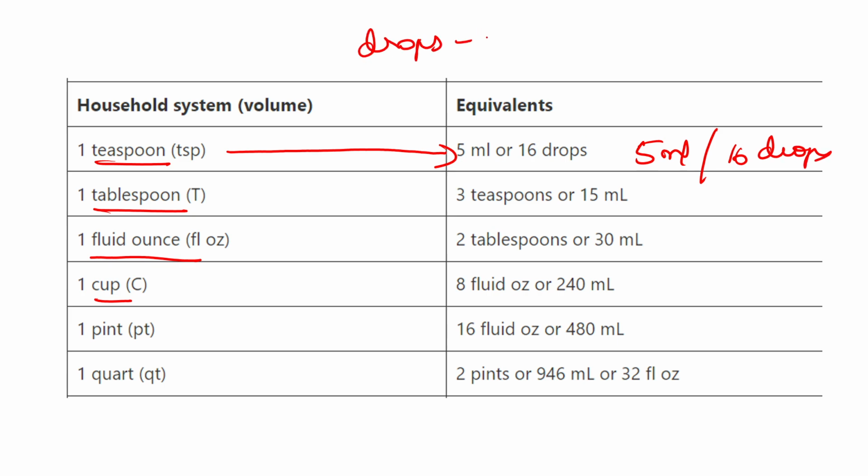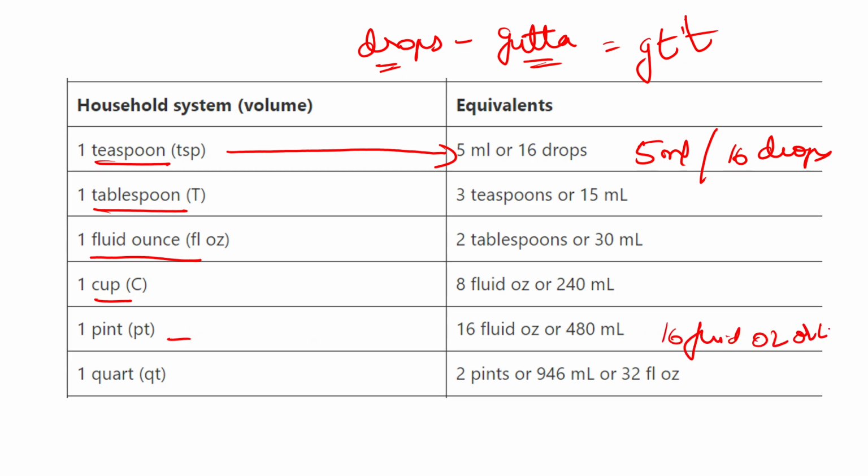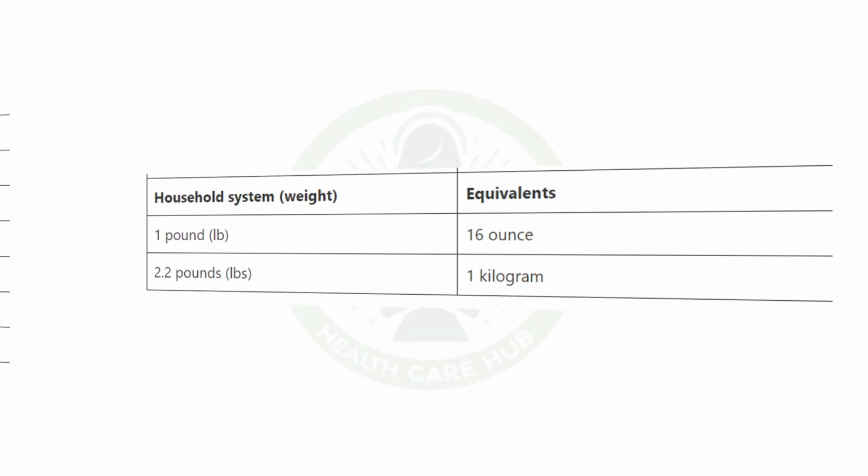Drops we can also call gutta, a Latin term, or GTT. Understood? 1 pint we can write as 16 fluid ounces or 480 ml. 1 quart is equal to 2 pints or 946 ml or 32 fluid ounces. So this is the household method.